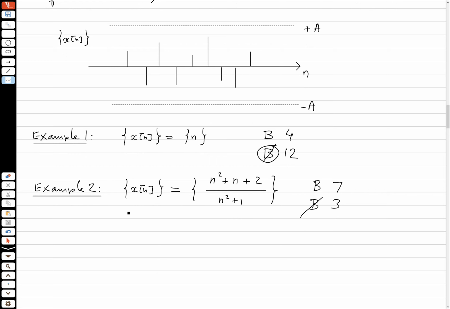So the reasoning is that when n is far enough, it looks like it's going to be bounded, right? Because it has to tend to 1, right? We don't know how fast it goes to 1, but at some point it will be close enough, so when you are far enough away, it's going to be bounded after a while.